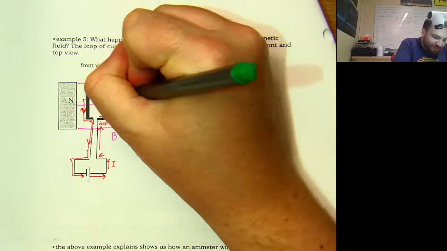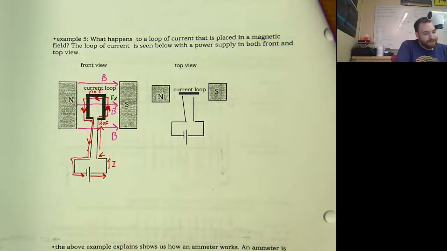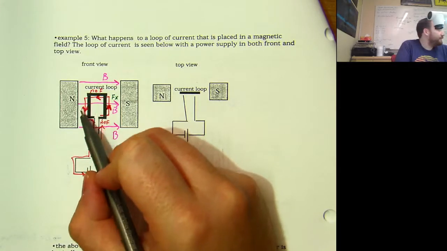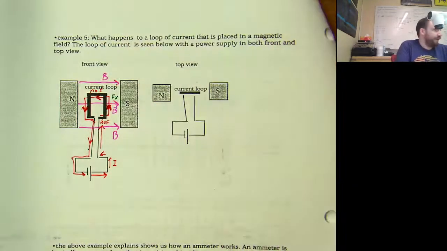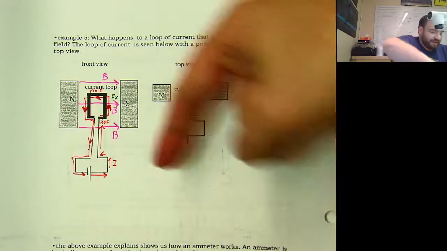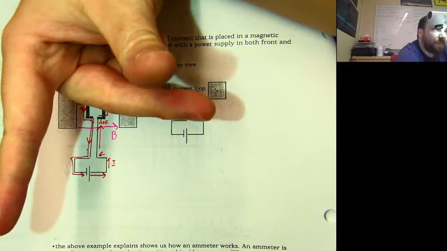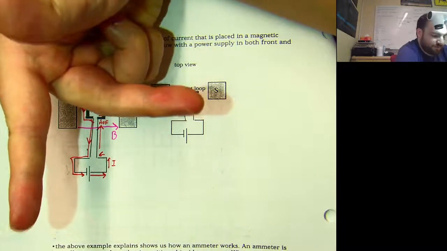So on this side, my force is going in. On this side, my force is going which way? Can't both be going in. Because the current's going down, my magnetic field's going that way. So that's going upwards.